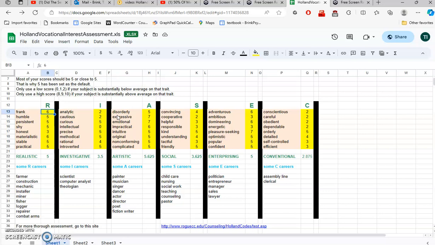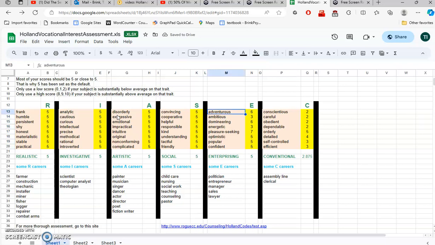Now, we will start off with all of these numbers being equal to 5. And what that means is just average. The average person on a 0 to 5 scale scores 5 on each of these 48 personality traits.